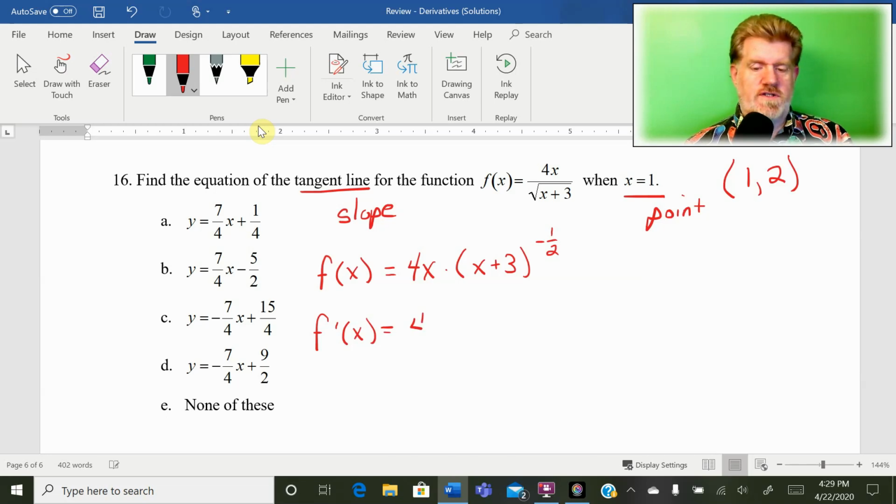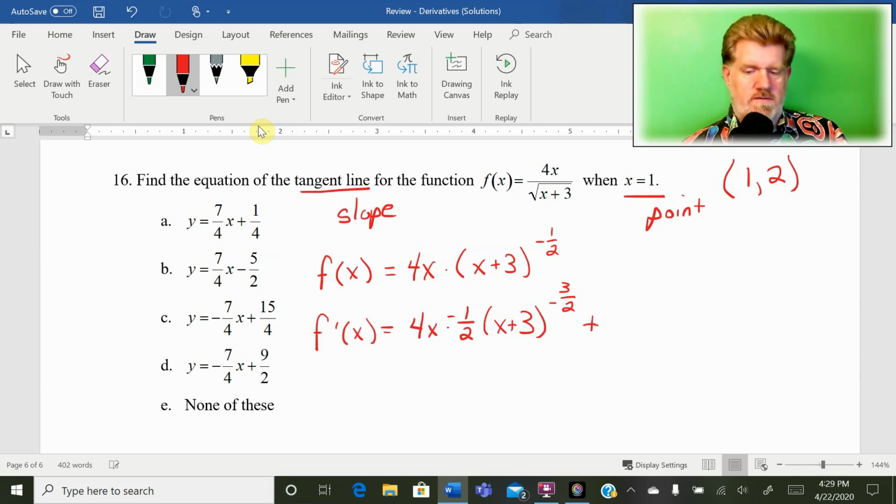So that's the first times the derivative of the second. So it's negative 1/2 times x plus 3. I'll lower that by 1, so it'll be negative 3/2, plus the derivative of the first times the second.